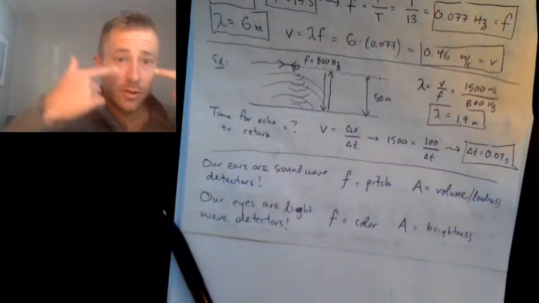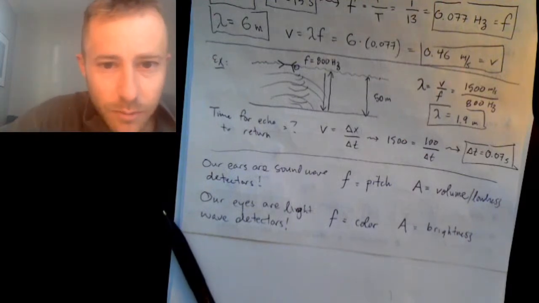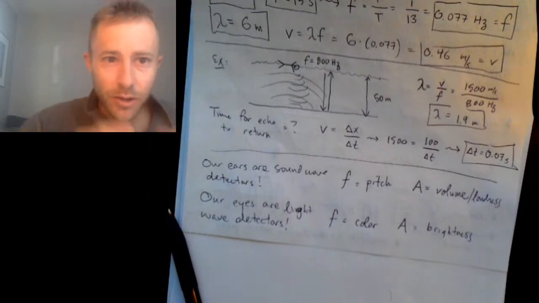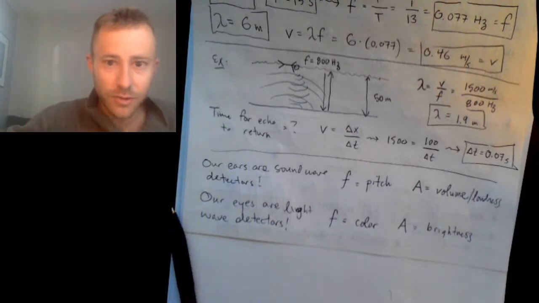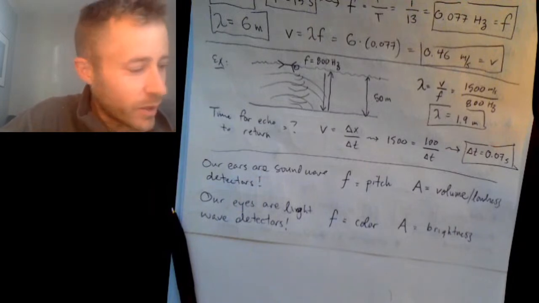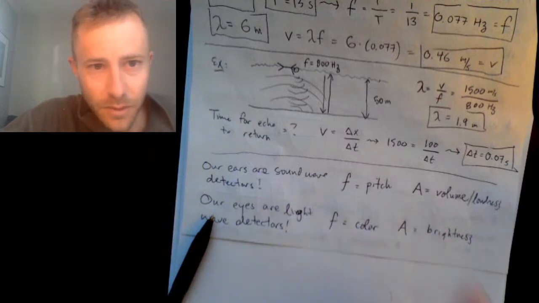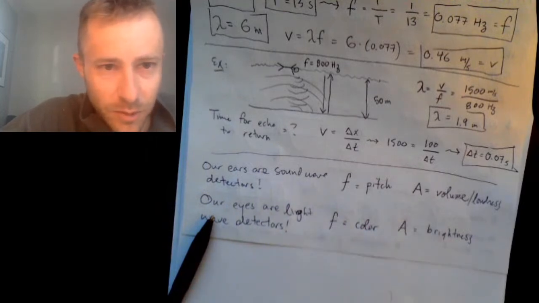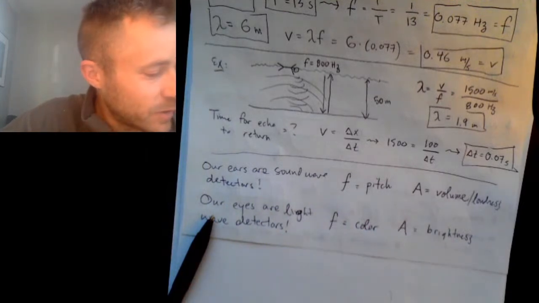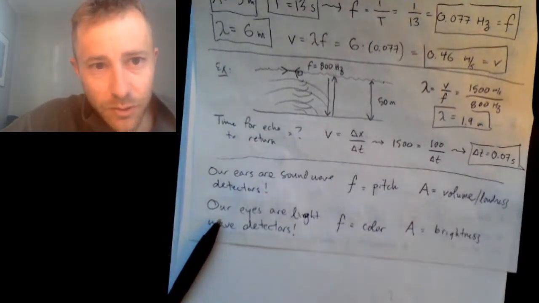So our eyes are light wave detectors, our ears are sound wave detectors, and then our brain processes that and interprets it, and the way our brain interprets frequency and amplitude are basically our 2 pitch and volume, and then color and brightness, which I think is kind of interesting.